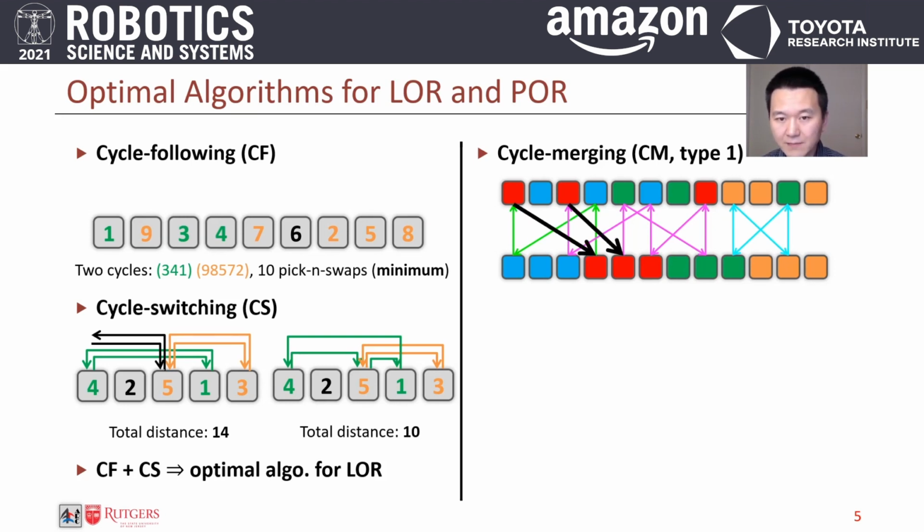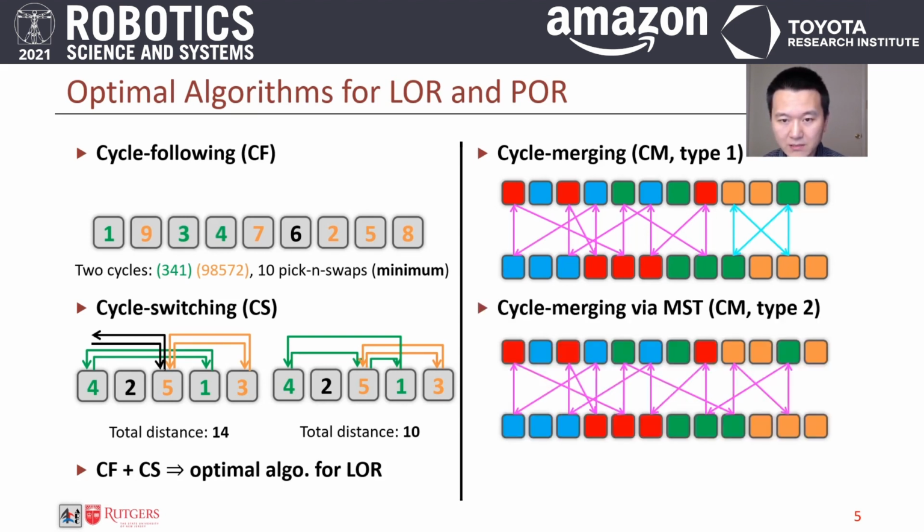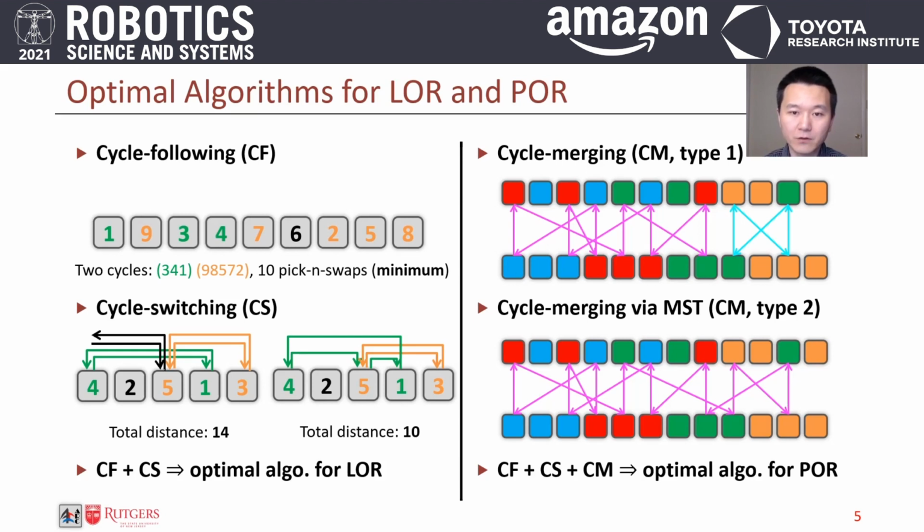The first type of merging does not add more distance cost. The second type does. The additional distance incurred in this manner can be minimized by computing a minimum spanning tree over all affected cycles. Combining cycle following, cycle switching, and cycle merging yields an optimal algorithm for POR.